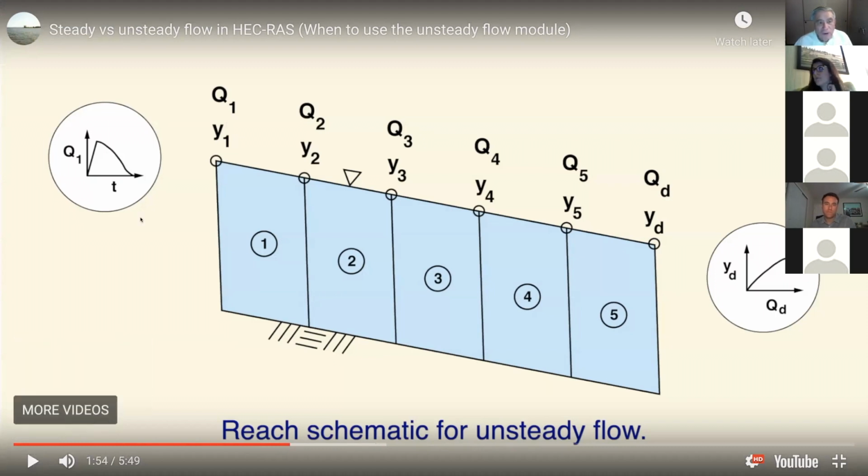For unsteady flow, you're going to calculate the Q's and the Y's, and you're given a Q versus time upstream. That's the inflow hydrograph. And downstream, you're given a rating.